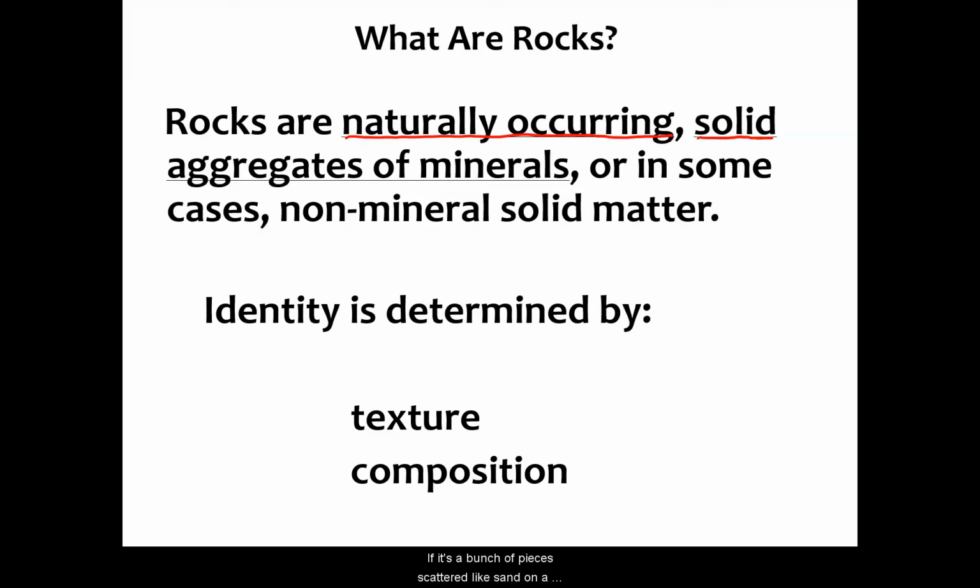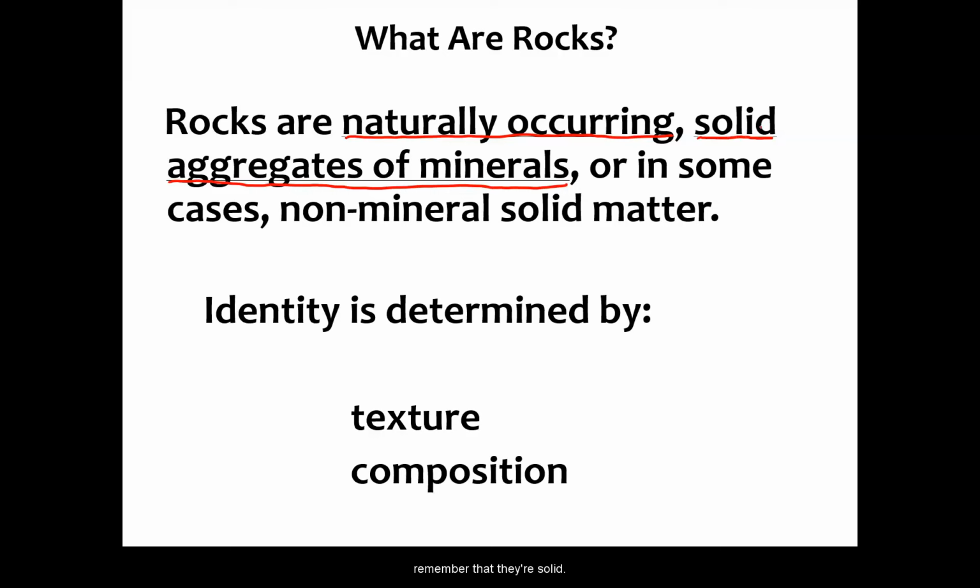If it's a bunch of pieces scattered like sand on a beach, we don't call it a rock yet, because that's a pile of sediments. It's not one solid body of rock. And in most cases, the rocks have to be made of mineral aggregates, meaning collections of various pieces of minerals. But remember that they're solid.